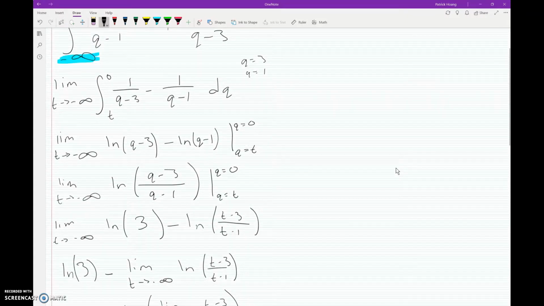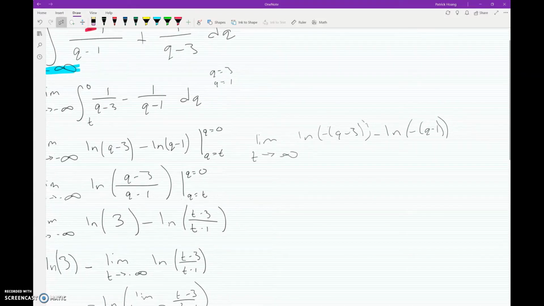Let's say we actually properly did the limit as t approaches negative infinity of the natural log of negative q minus 3 minus natural log of negative q minus 1, evaluated from q equals t to q equals 0.